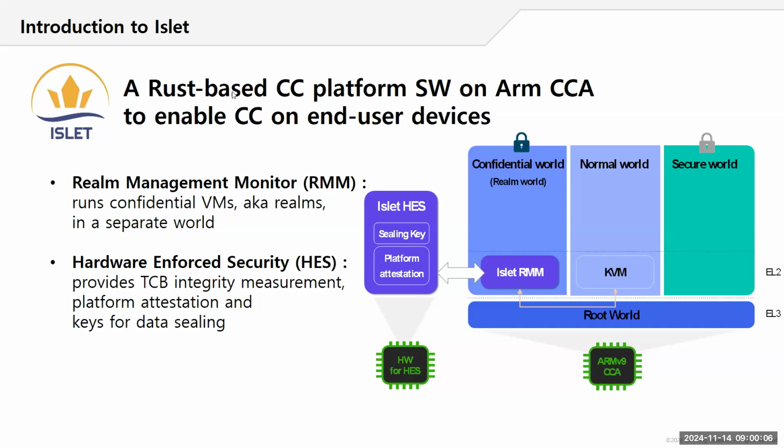These are referred to as realms, and it also provides an API for realms, such as the API for retrieval of the attestation evidence. The other core component is the hardware enforced security module. It acts as a root of trust for attestation and plays a supportive role by providing secrets to Islet RMM. And both components are written in Rust.